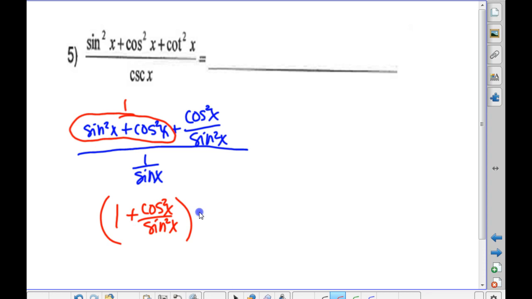And that is being divided by a 1 over sine, which means it's being multiplied by, okay? Yeah. This is actually a trade, guys.